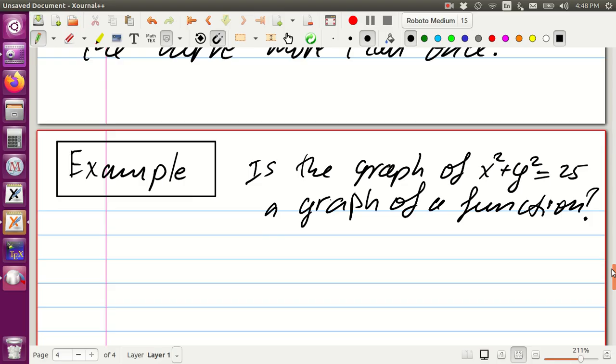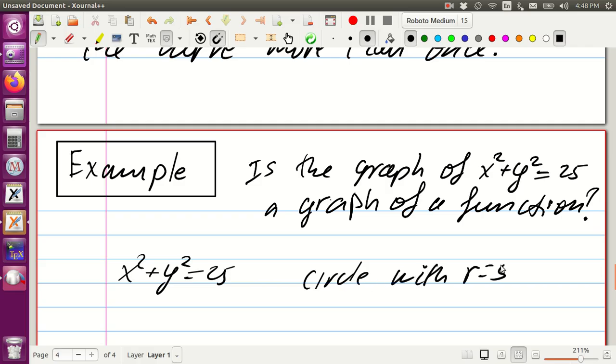So what do we know about this? x squared plus y squared equals 25. It's definitely a circle. So a circle with r equals 5 because 5 squared is 25. And it's centered at 0, so h is equal to 0, there is nothing near x, and k equals 0 since there is nothing near y.